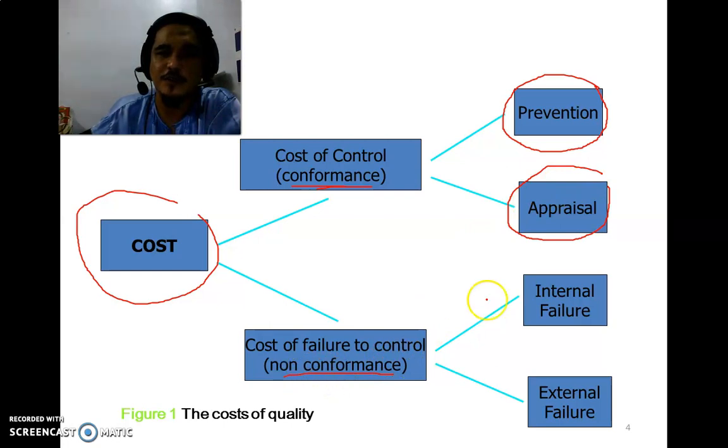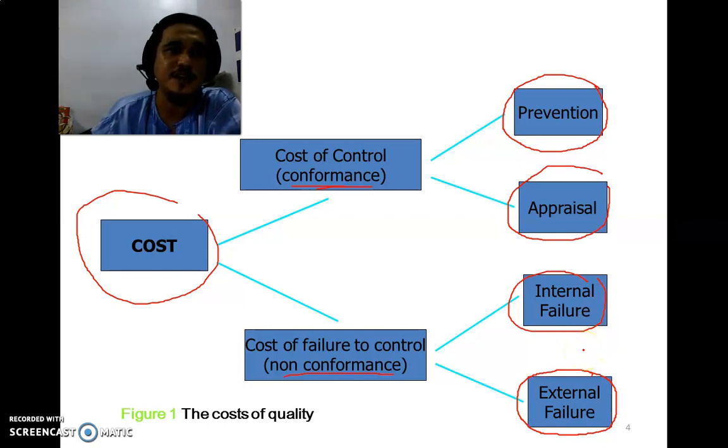Non-conformant costs are internal failure and external failure. Internal failure refers to what we have done inside the production plant, and external relates with the suppliers, vendors, and maybe third parties who are related with our production system.